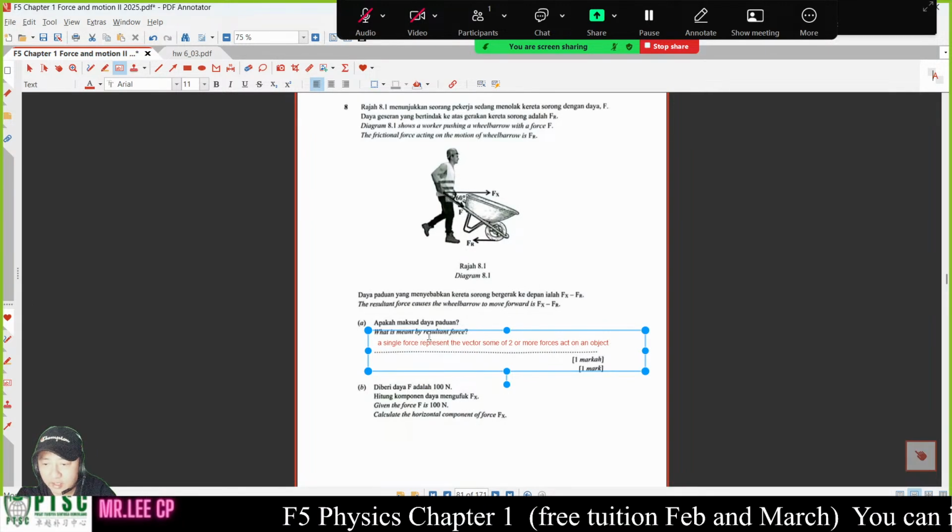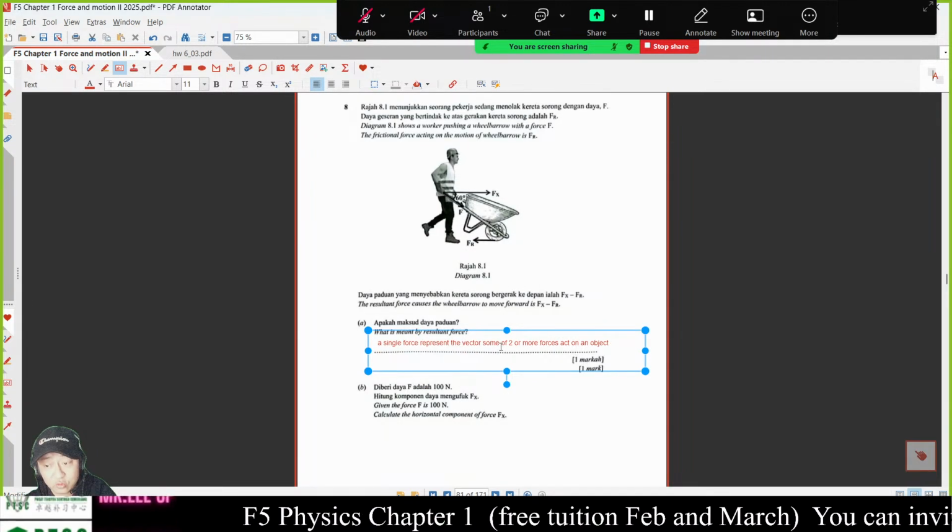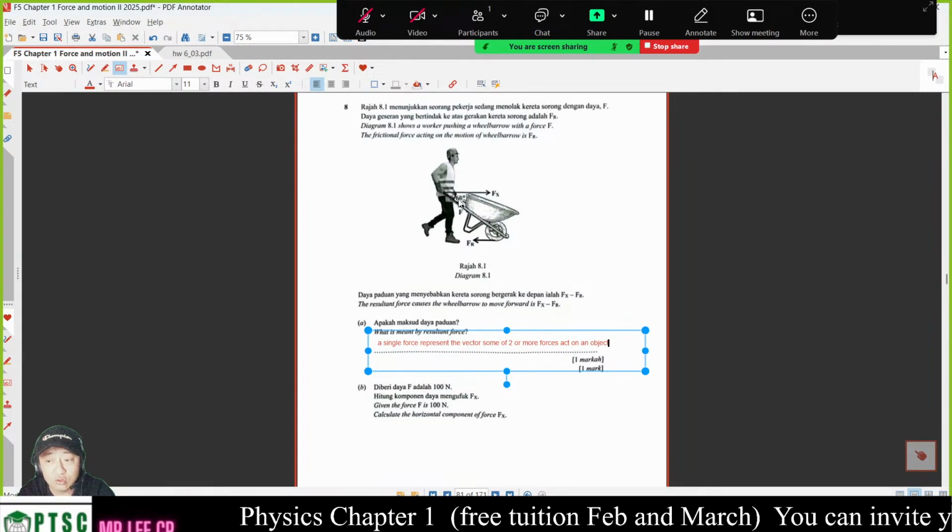A single force representing the vector sum of 2 or 3 or 4 forces. Normally it is 2.